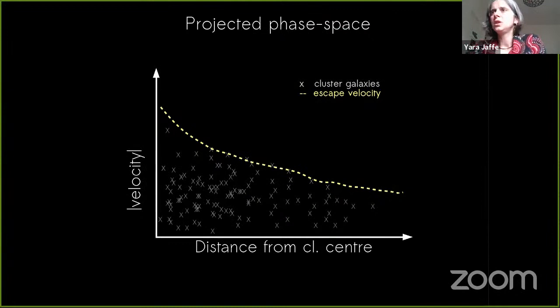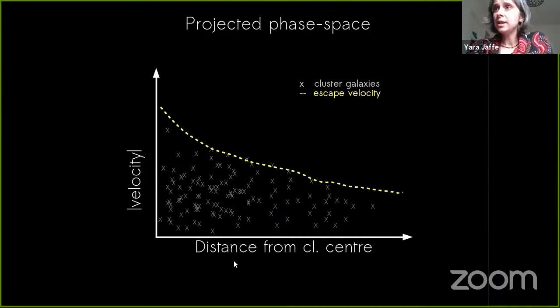So to study this, we use a kind of diagram that is called the projected phase space diagram that I'm going to explain for those of you that have never seen it before. So on one axis, you can plot the distance from each galaxy to the cluster center. And on the y-axis, you have the relative velocity of each galaxy with respect to the mean velocity of the cluster.